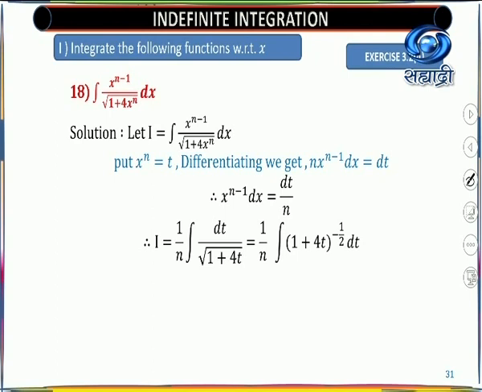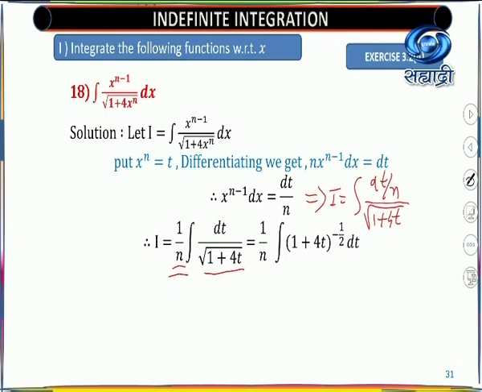Actually after substitution, what you will get? You will get here I equal to integral, we need to substitute, so this is dt upon n divided by root of 1 plus 4t. Okay, there will not be a power inside the root sign. So you will get this 1 upon n out of the integral sign. So you will get this as 1 upon n dt upon root of 1 plus 4t.